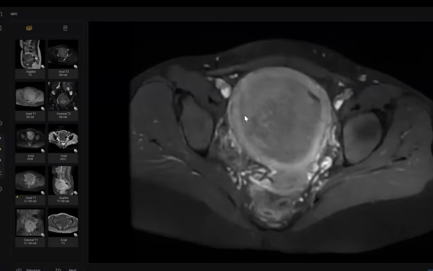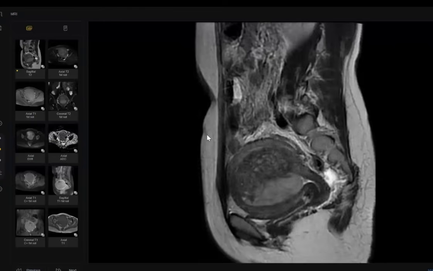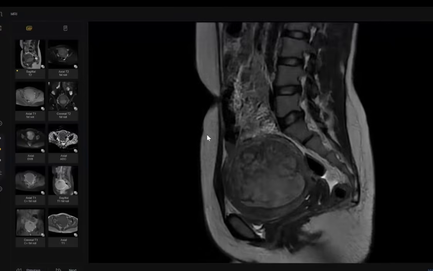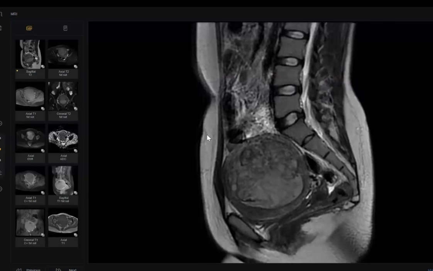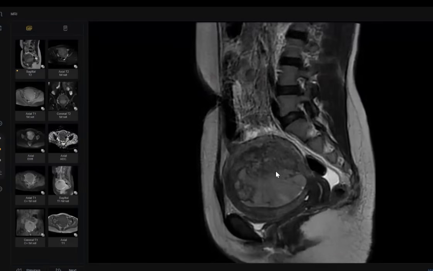Okay, my colleagues. See the answer. It was endometrial stromal sarcoma, an atypical endometrial malignancy. Some tips about endometrial carcinoma. Number one, it is an old age tumor. Number two, it is a T2 tumor. You almost diagnose this in T2. Why?